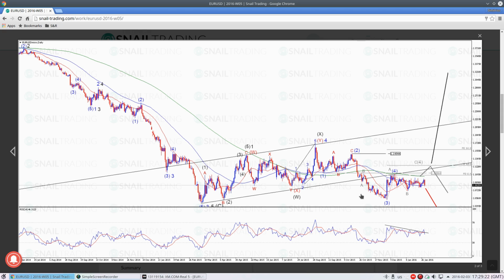And of course there are too many scenarios here, because it could also be that we have 1, 2, and here to have 1, 2, 1, 2, and much lower prices, but I seriously doubt that this is the case.